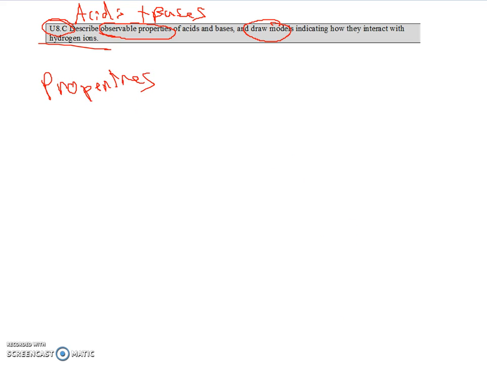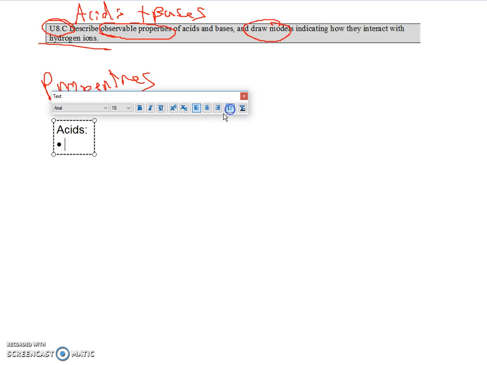I guess we can do acids first. So acid properties here. The biggest one, the defining one, is that they donate or lose hydrogen ions. Some other big ones, they turn litmus red.